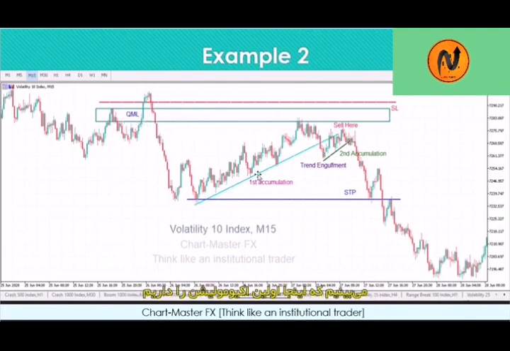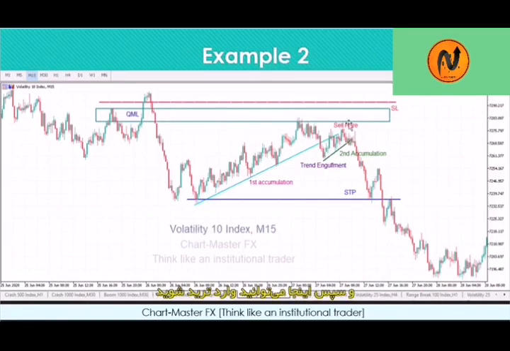What happened here, guys, is that we have our first accumulation here, and you can see that the price respected this QM level and the price dropped. Once the price dropped, we can see we had a clear trend line here, and once we saw the engulfment of this trend line, you wait for the price to come back in the form of a second accumulation going towards the QM level.